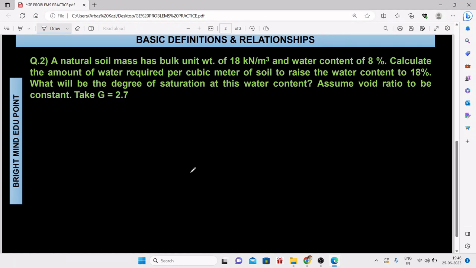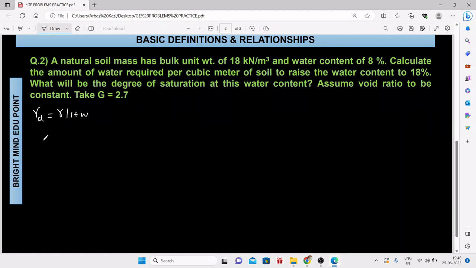So in this case, firstly, we'll find out the dry unit weight of the soil. This can be found out using the expression gamma upon 1 plus w, because bulk unit weight is provided to us.